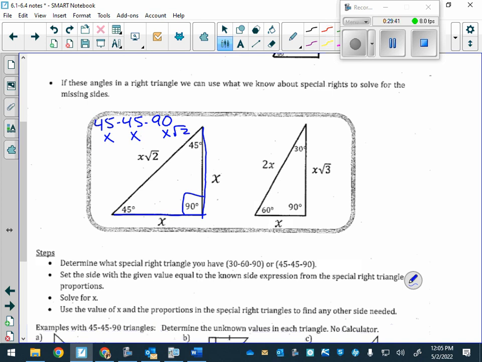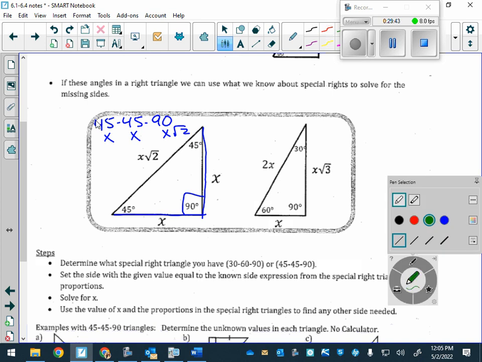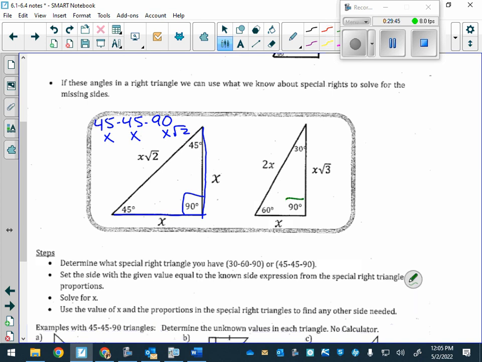What tends to get a little tricky is our 30, 60, 90. Across from 30 is called our shorter side length, which is our x. Across from 60 is our longer side, which is x times root 3.